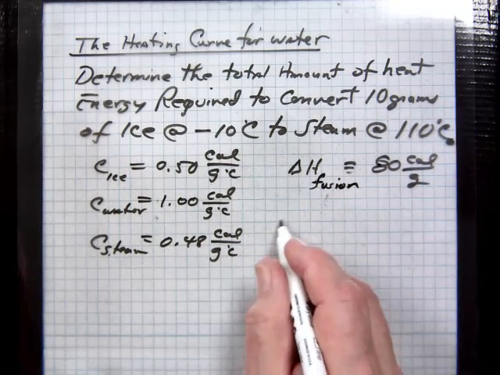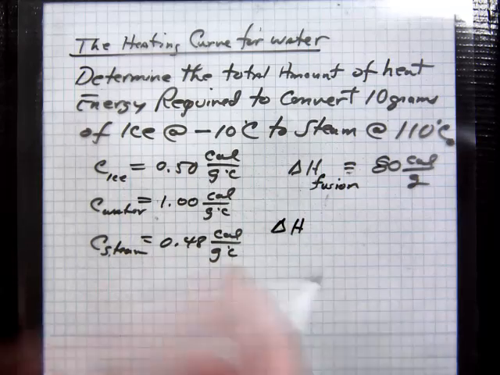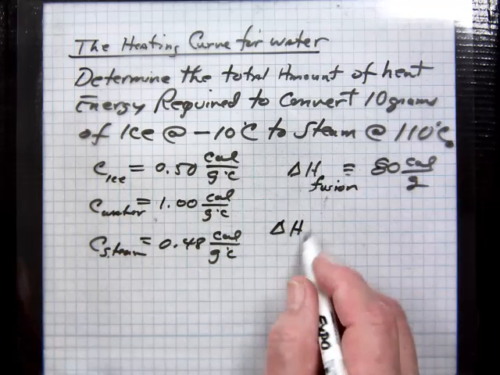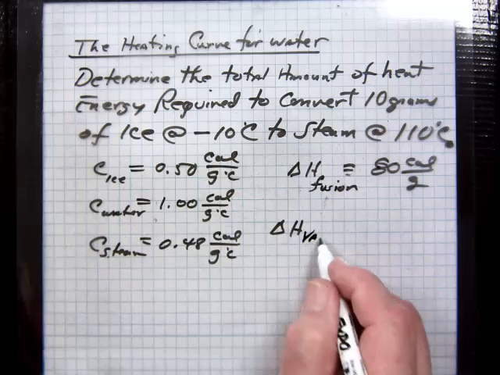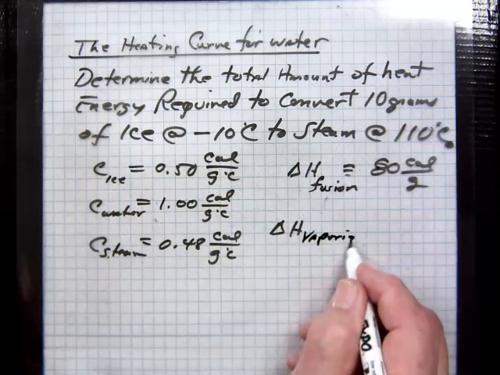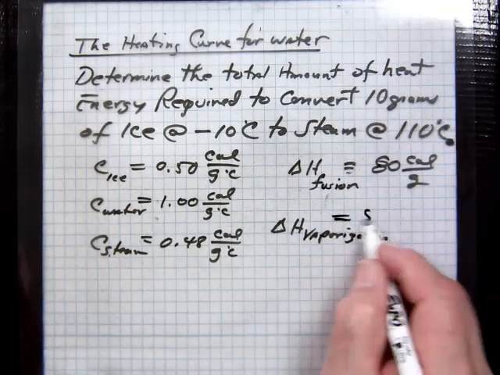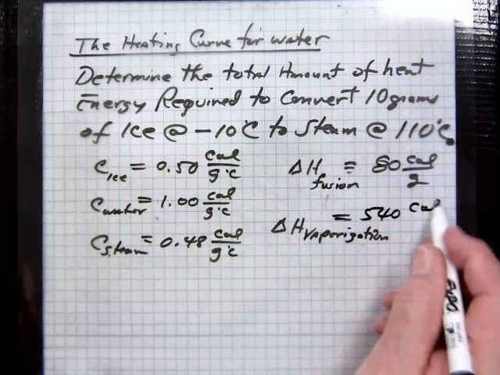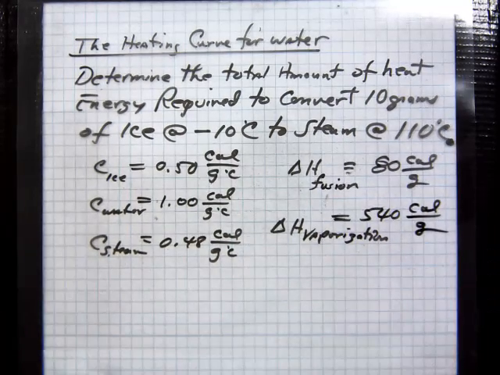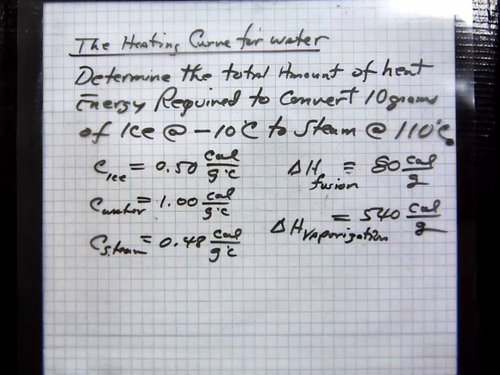And then you have a transition for evaporation called heat of vaporization, and that is equal to 540 calories per gram of water that you're evaporating. You'll need those constants to work this problem.